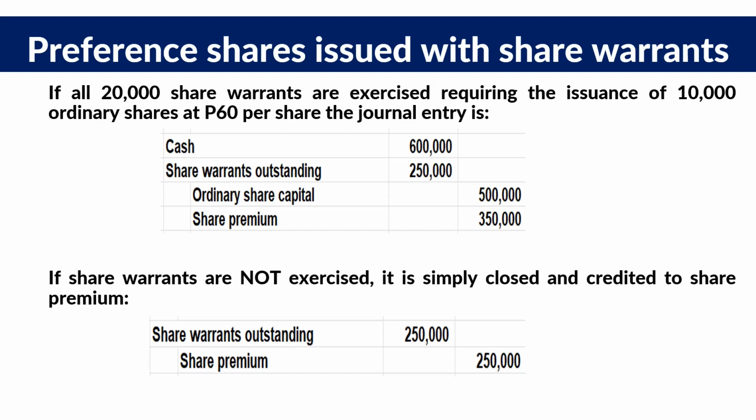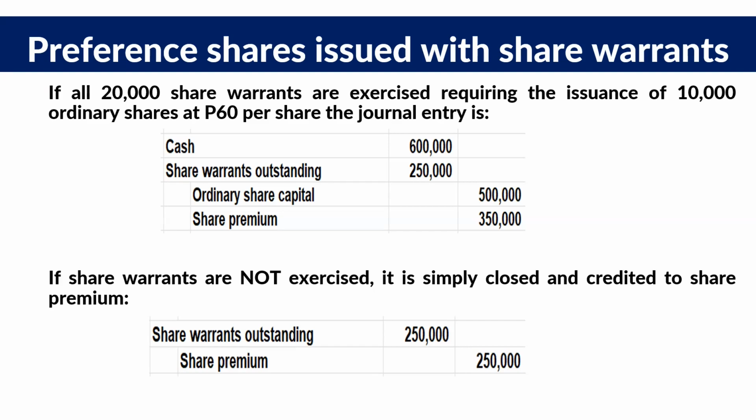So you'll have 10,000 shares times 60, so you'll have 600,000. Then we debit share warrants outstanding, because it is being used up: debit 250,000 for share warrants outstanding. And then credit ordinary share capital for par value, that's 10,000 times 50 pesos par value, so you have 500,000. And then the excess is our share premium, credit 350,000.